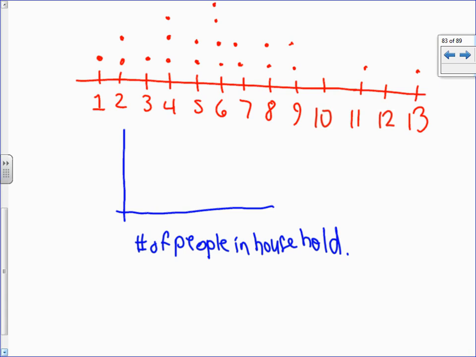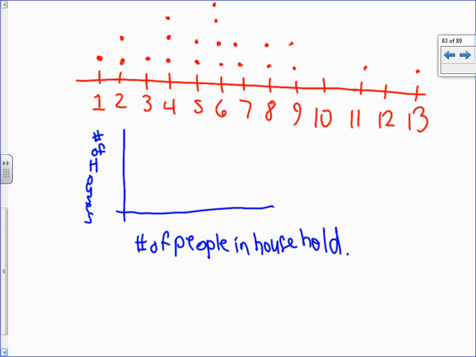And number of people in household would go there, and this is houses. Number of houses there. So what do we want to number by? So we have the number of bars is between 5 and 10. Yeah, so when we create our histogram, we want between 5 and 10 bars.